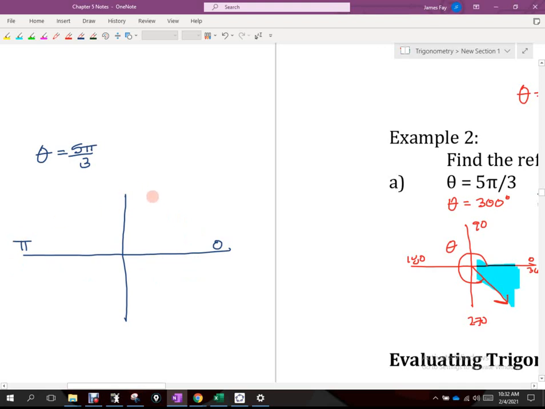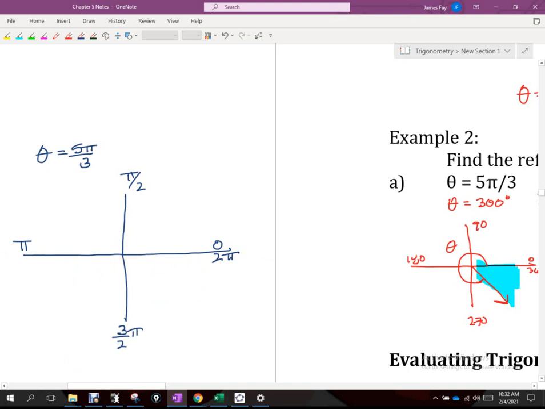So halfway in between those would be pi over 2, correct? Halfway in between pi and 0, or a lot of times we'll put 2 pi down here on the bottom. Halfway between pi and 2 pi is 3 over 2 pi. Okay. So we put everything in radians.